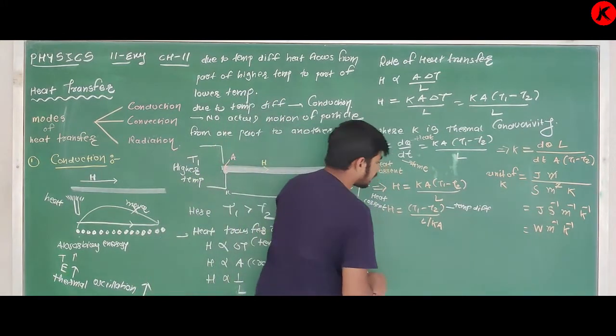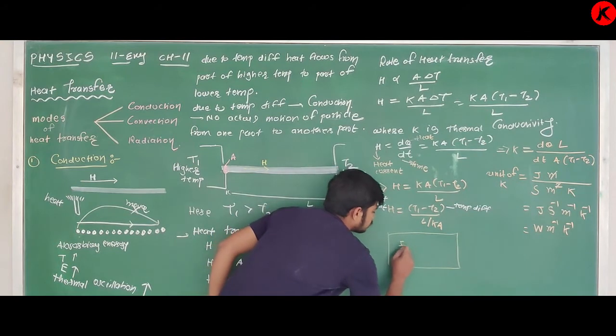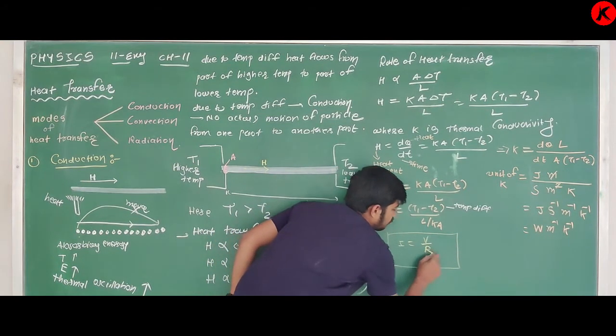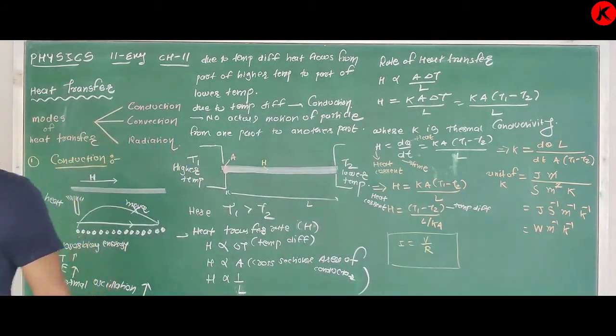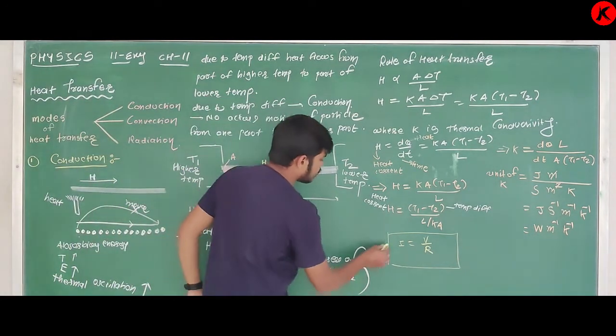Now I will write one equation that you already know. I is equal to V upon R. Here, I is called electric current.